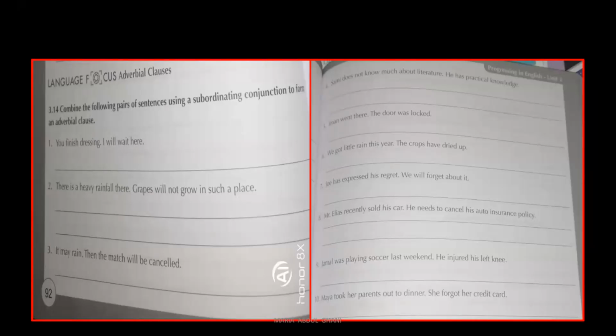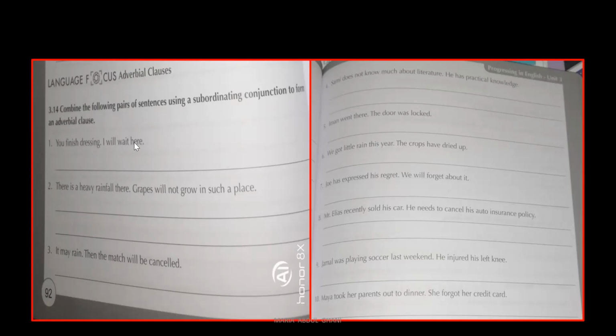Go to the table in your book, and you will have many options to use in this case. On page 88, we have when, whenever, while, as soon as, after, since, as, before, until. You can switch, okay? You are not supposed to abide by this order.